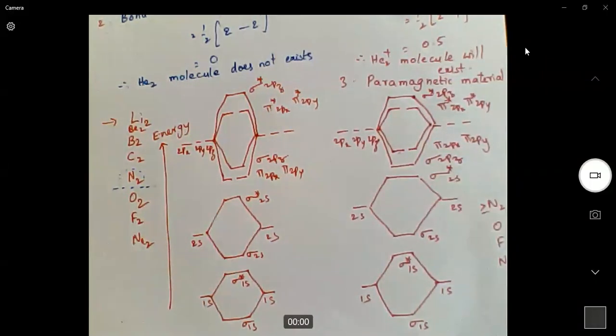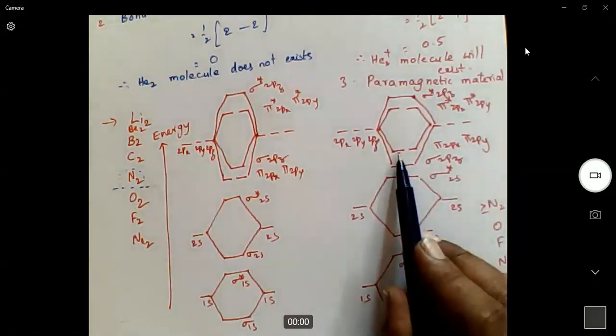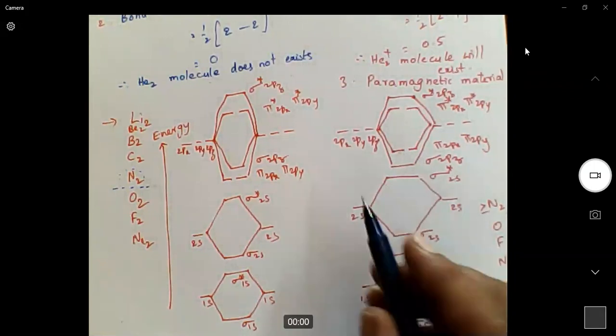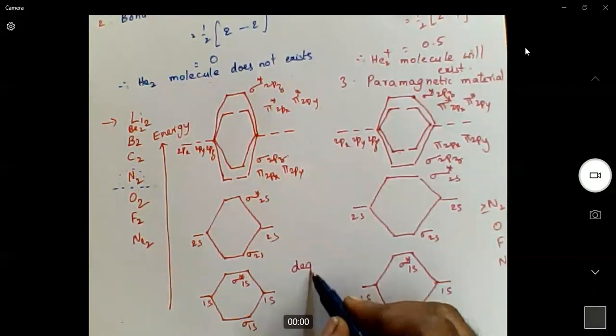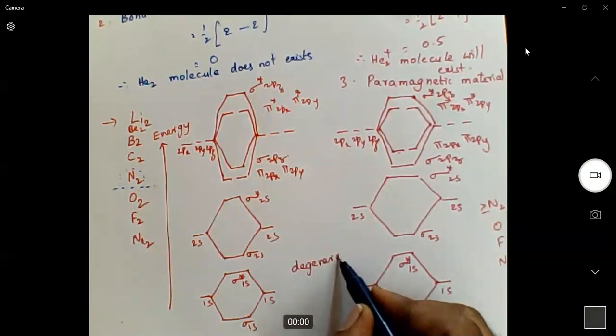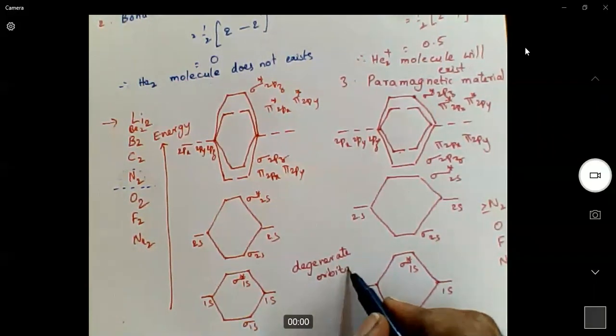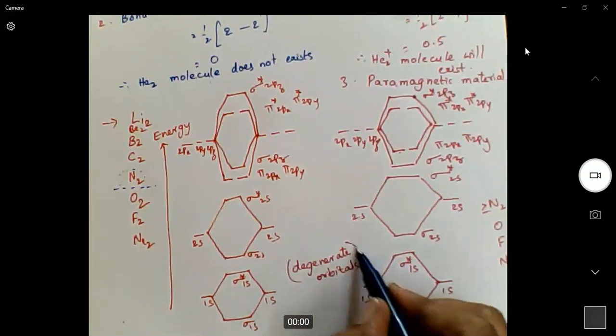When two or more orbitals have the same energy, these are called degenerate orbitals. What are they? Degenerate orbitals. Degenerate orbitals means orbitals having the same energy.